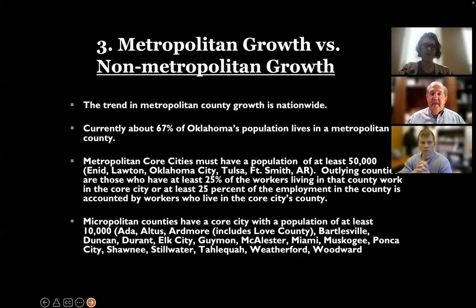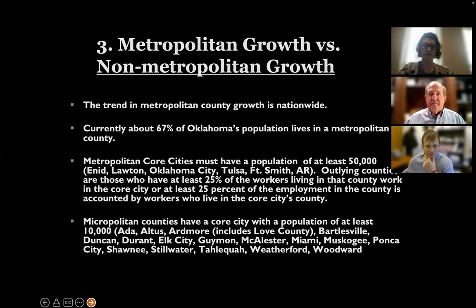To be a metropolitan county, you've got to have a core city of at least 50,000 or greater. And those core cities that we see showing up and influencing us in Oklahoma are Enid, Lawton, Oklahoma City, Tulsa, and even Fort Smith, Arkansas. There's another definition called micropolitan, which focuses on core cities of 10,000 or greater. And you can say those are counties that are maybe trying to become metropolitan, but are not quite there yet.